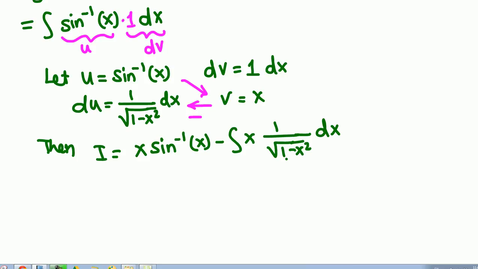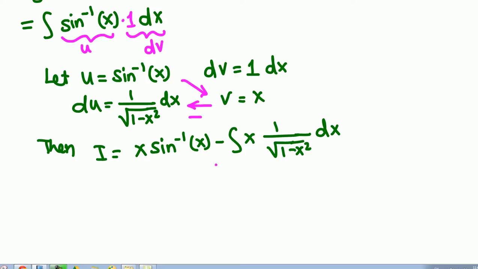What is the derivative of 1 minus x squared? That's negative 2x. We have x, and we can always manipulate the constant. So I can multiply by negative 2 and divide by negative 2 as well. In that way I can manipulate and go for U substitution.